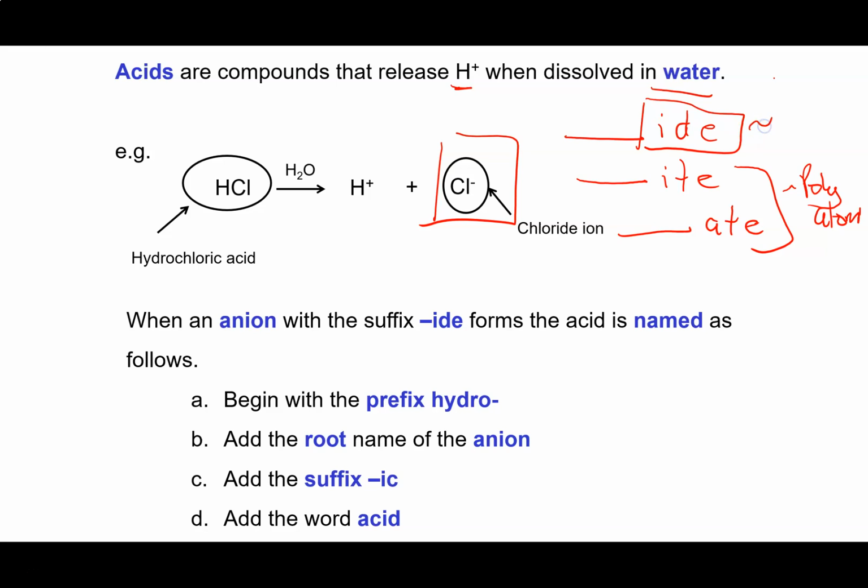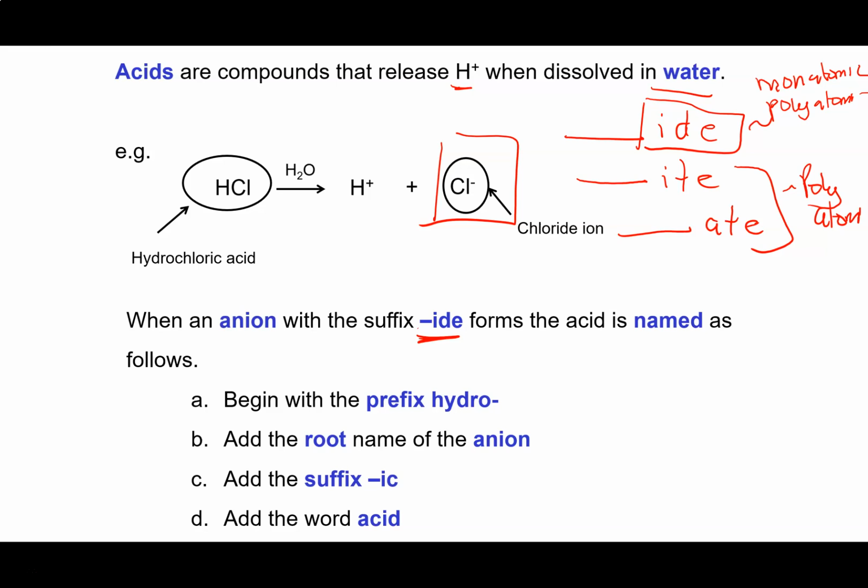So we see IDEs for monatomics and polyatomics, but we never see ITEs and ATEs for monatomics.